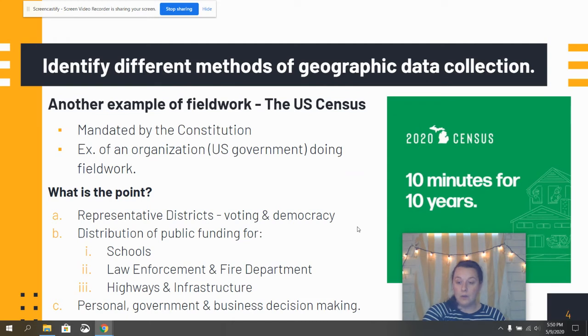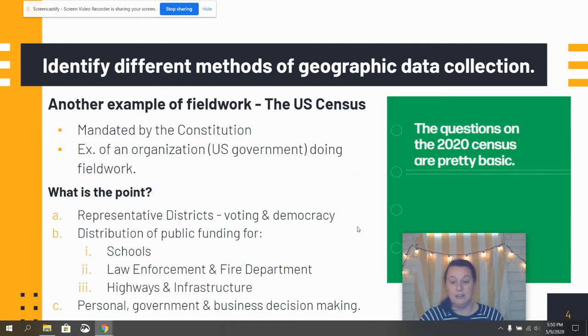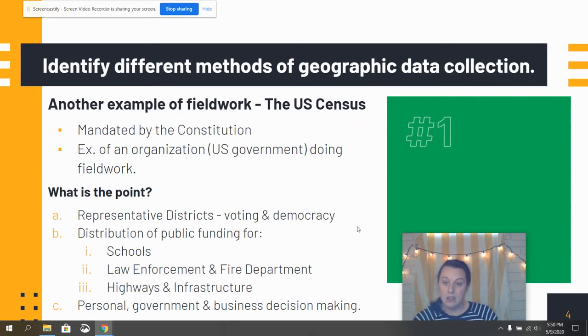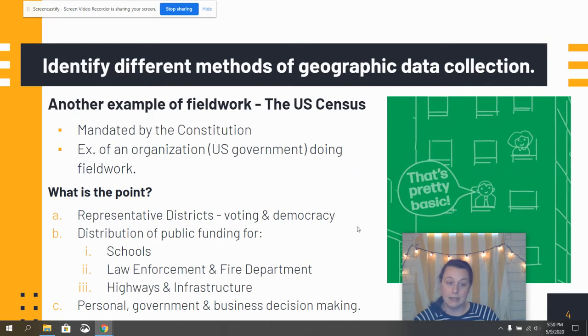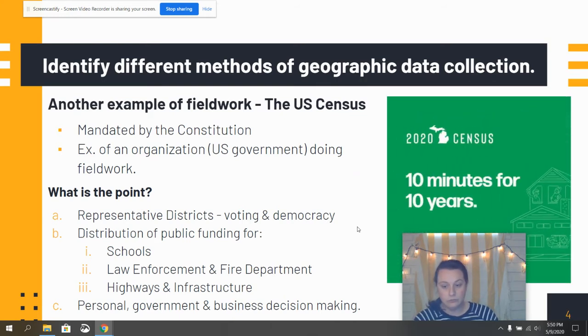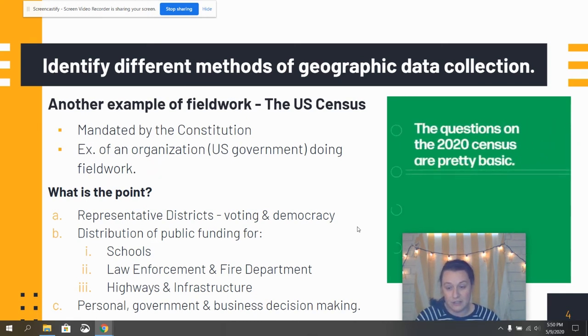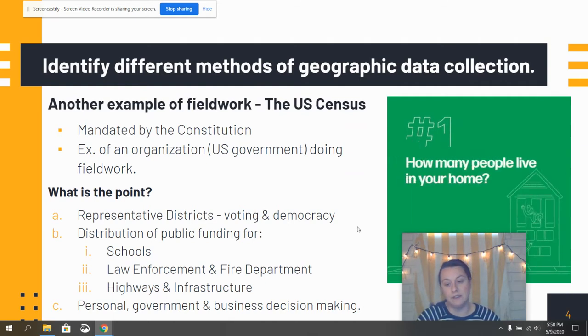Now, not only are those people answering questions about how many people live in this house, they're also answering questions about their ethnicity and their race and their economic situation. So, what is their income? So, why? Right? Why did the Constitution say that we had to have a census? Why is the US government doing this geographic fieldwork?